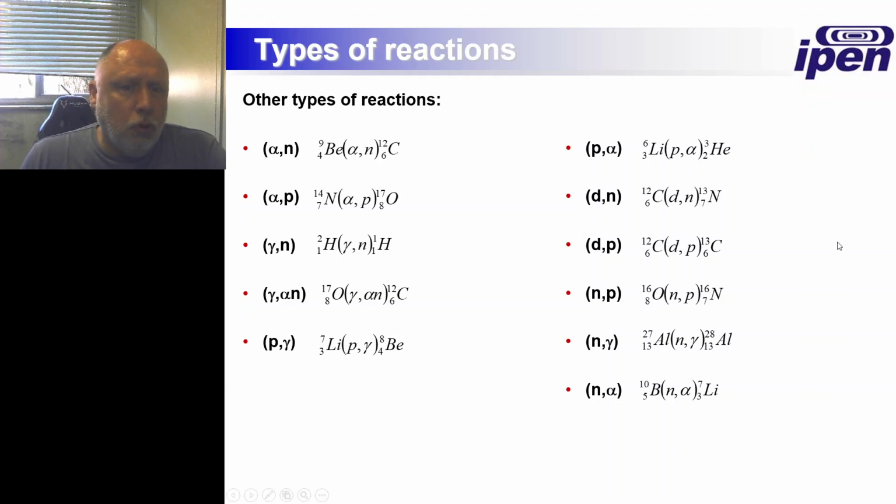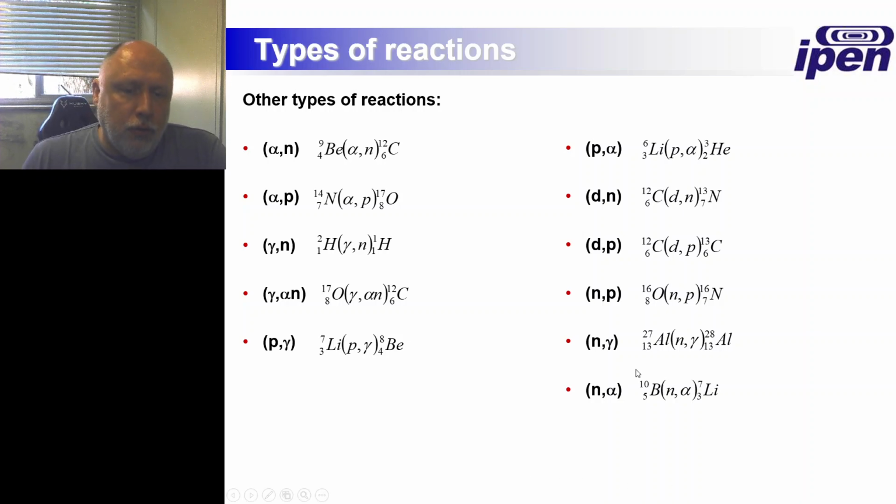Possibly the most common ones, the ones that especially we here use most, are N gamma reactions, where a nucleus absorbs a neutron and emits a gamma for conservation of momentum. So we had stable aluminum, and all of a sudden this became radioactive aluminum. Aluminum-27 is stable, aluminum-28 is radioactive and decays with a 2.5 minute half-life.